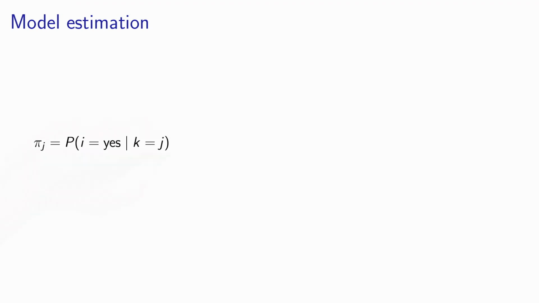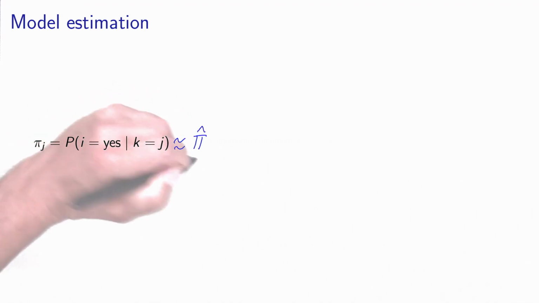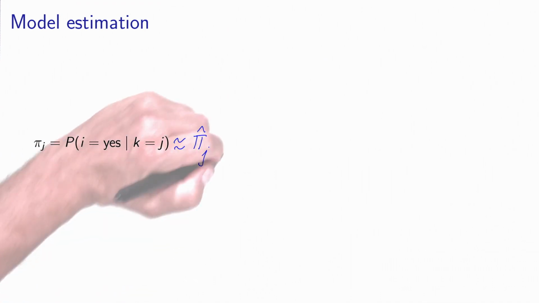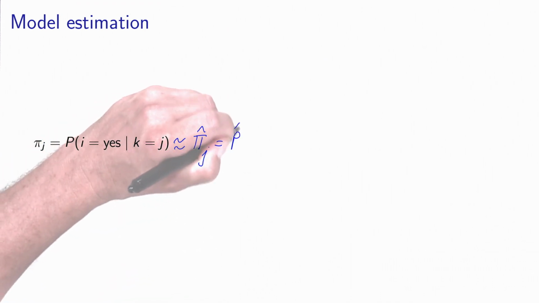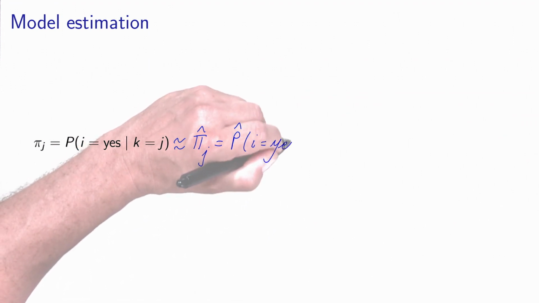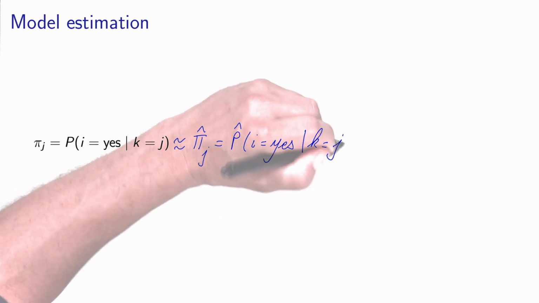So we will approximate the true value of the parameter pi j by an estimate, pi hat j, which is equal to the proportion of people in the sample who have said yes, given that they belong to age category j.